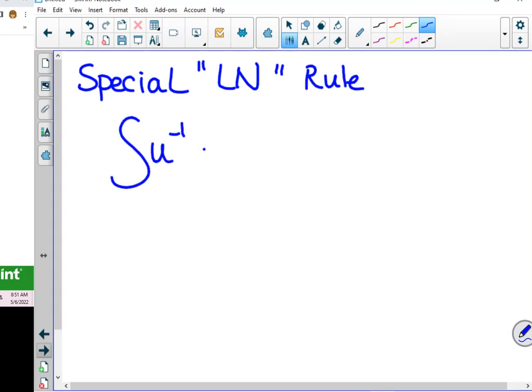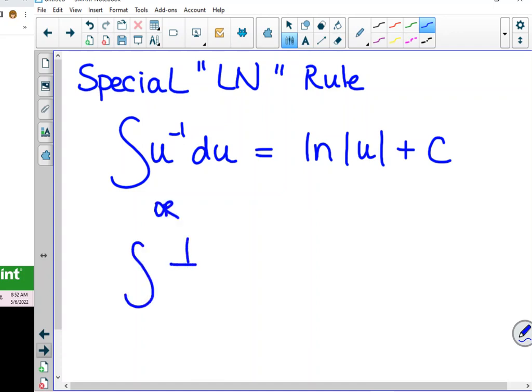When we take the antiderivative of u to the negative 1, that is the natural log of the absolute value of u. You sometimes see this as 1 over u du, or you might see it written as du over u.